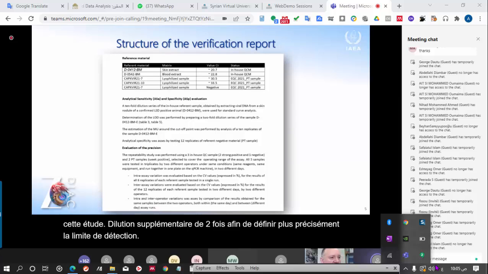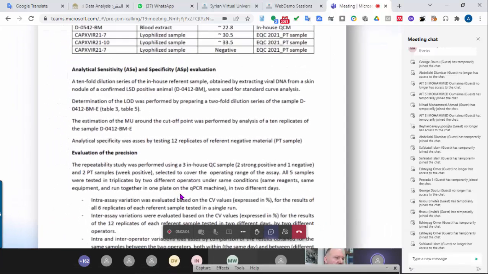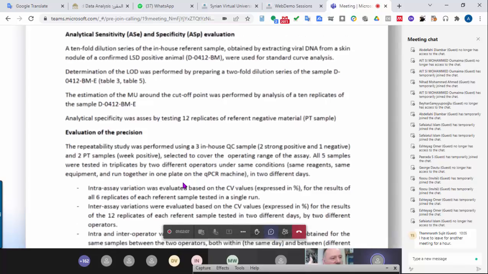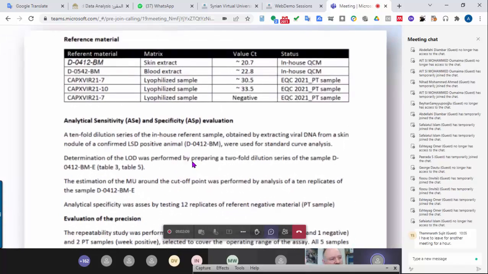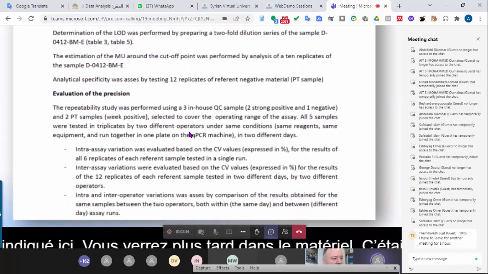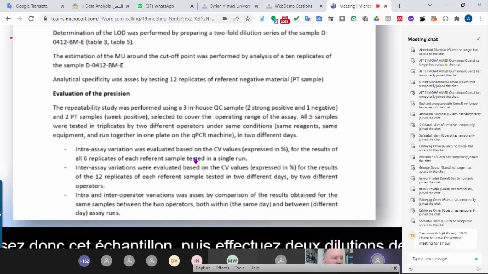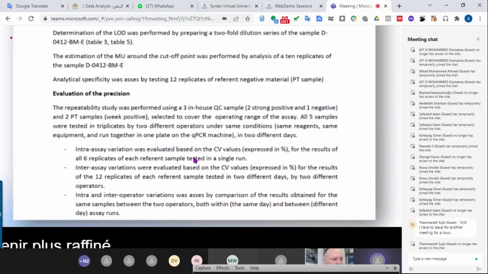The estimation of the measurement of uncertainty around the cutoff point was also performed by testing 10 replicates of the sample which was stated here. You will see later on in the material. It was the sample one dilution step before the cutoff, let's say, before the last. So you use this sample and then perform two-fold dilutions in order to achieve a more refined cutoff point or limit of detection.